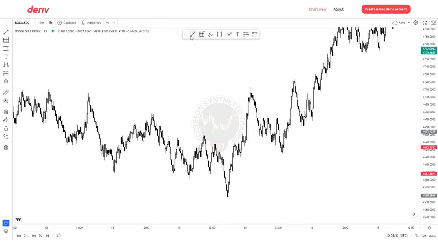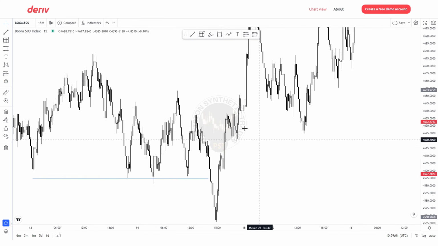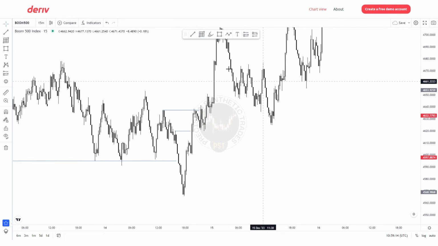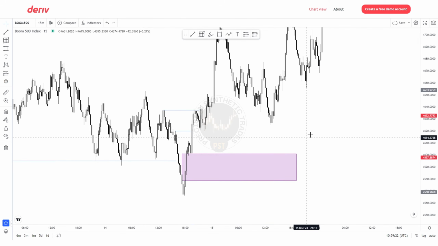So here we had, for example, relative equal lows that were taken out. Market structure shift. If you can't see that one, you can use this one as a market structure shift. Okay, so we have fair value gaps and an order block. So let's just do this, the two fair value gaps together.